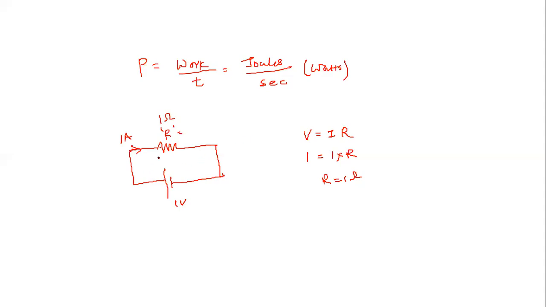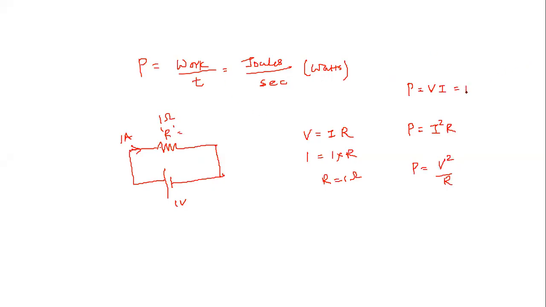So now I want to find out how much power it will consume. Obviously, P is equal to V into I. This is one of the formulas we have. Then we also have P is equal to I square R. And also we have P is equal to V square by R. We discussed these in the last lecture.